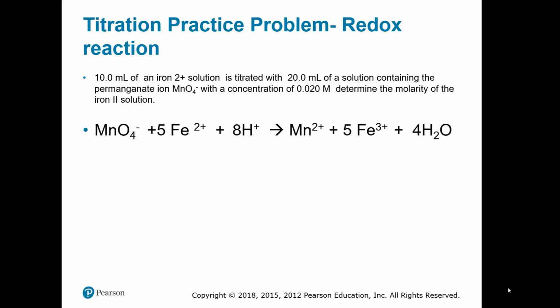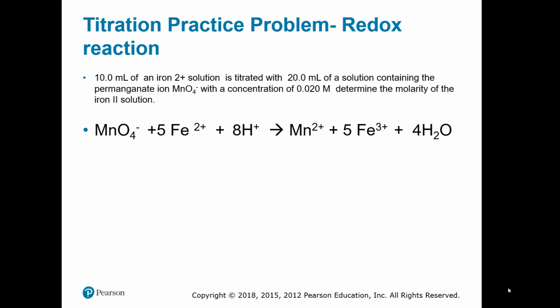We have 10 milliliters of an iron 2+ solution, and that is titrated with 20 milliliters of a solution containing the permanganate ion. And this permanganate ion solution has a concentration of 0.02 molar. Determine the molarity of the iron 2+ solution.